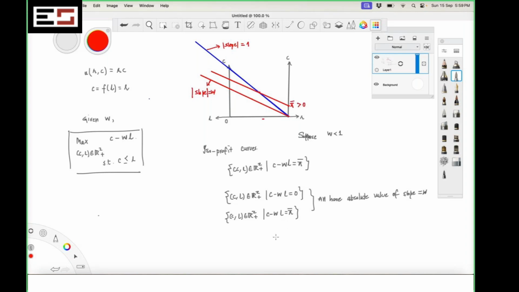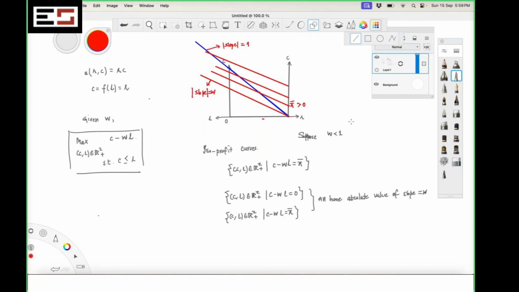And can you make higher profit? The answer is yes. You can make even higher profit if you choose this point. It will be on an even higher iso profit curve. Can you make even higher profit? Yes, you can make even higher profit if you choose a point like this.